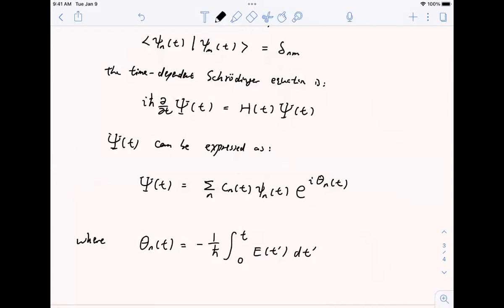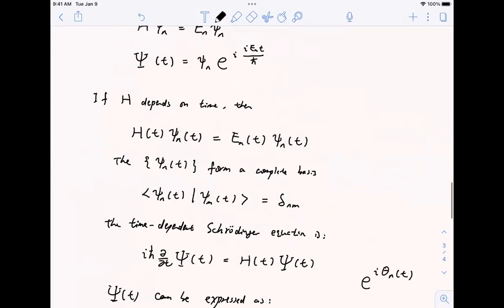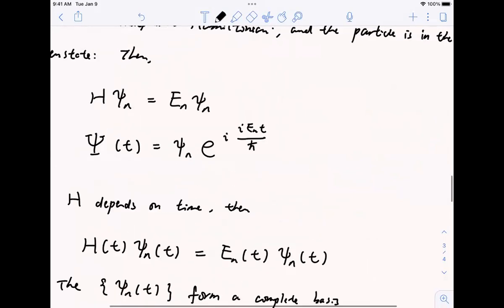So in principle, you don't need this. In principle, you just write it like this, that is already good enough. All the phases, all those things are already included in this time-dependent factor. But we know that there's a particular part that is due to the energy. Because generally, every wave function, the eigenfunction will evolve according to this phase factor.